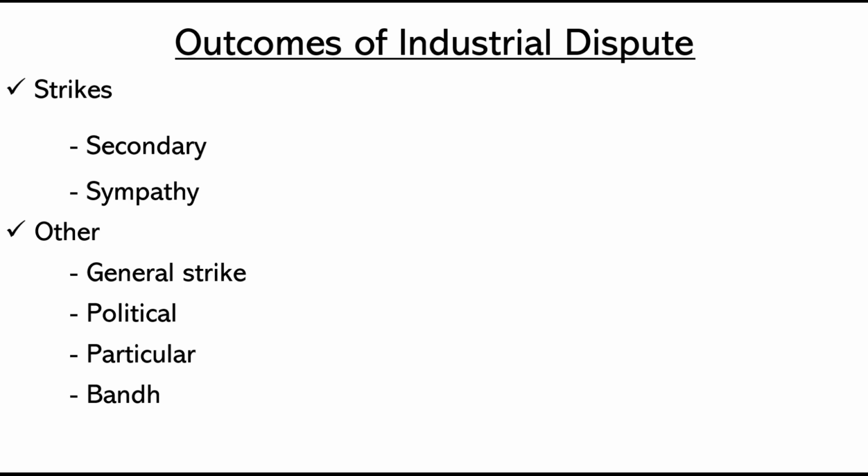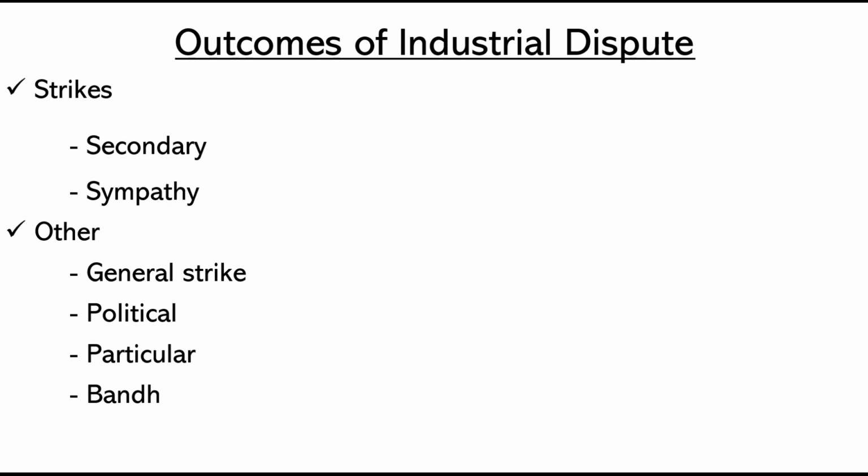That is the general strike. General strike means, instead of an organization, the whole country or the state in which an organization is located, mostly they will go for a strike demanding permanent jobs or an increase in pay, etc. See, when the Agniveer issue happened, there were a lot of strikes and a lot of issues.